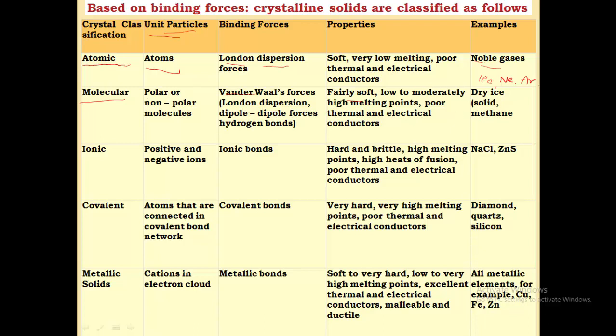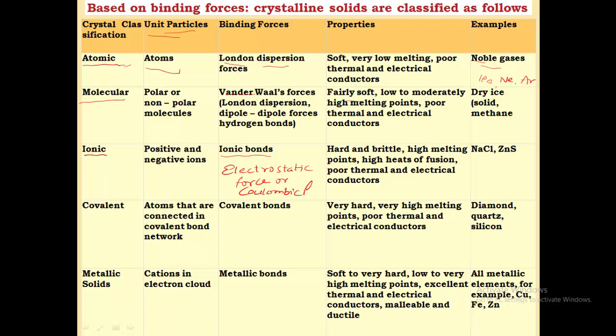The next type of crystalline solid is ionic solid or ionic crystal. Here the constituent particles are ions, both positive ions as well as negative ions. The bonds present between them are ionic bonds, or we can say there is the presence of electrostatic force or coulombic force.